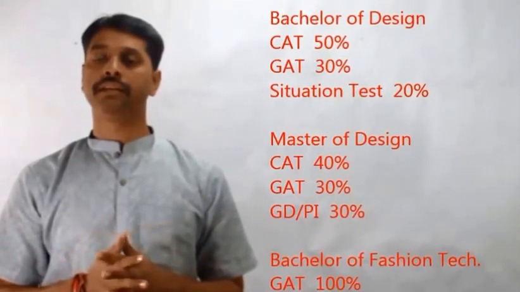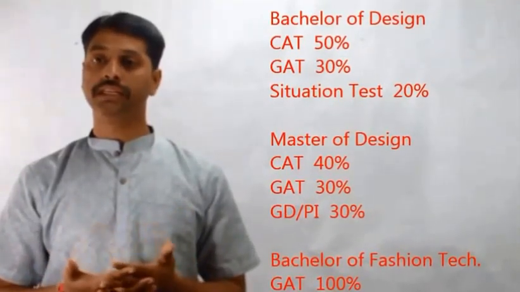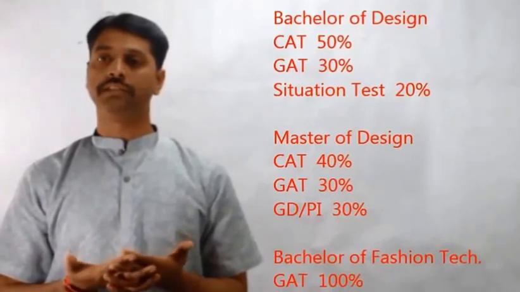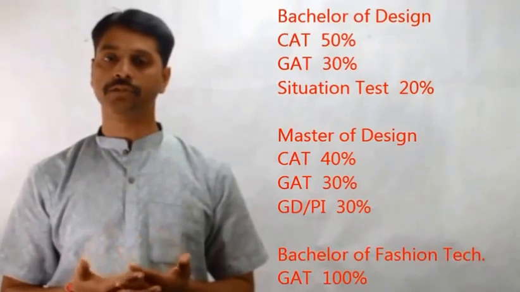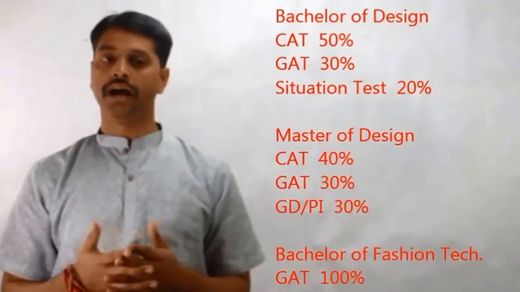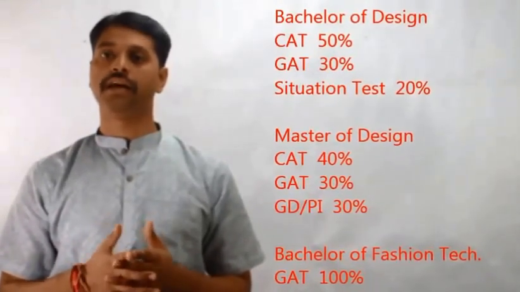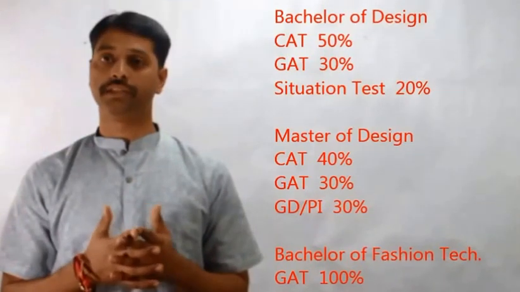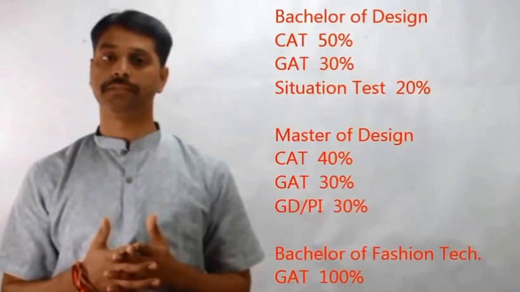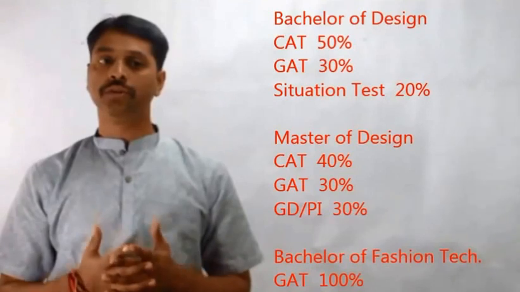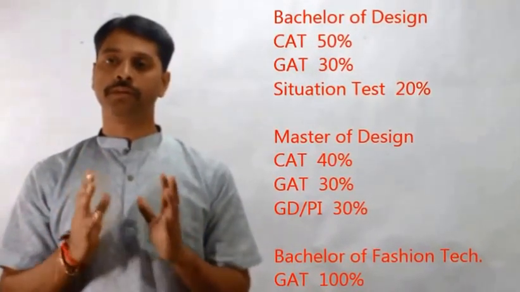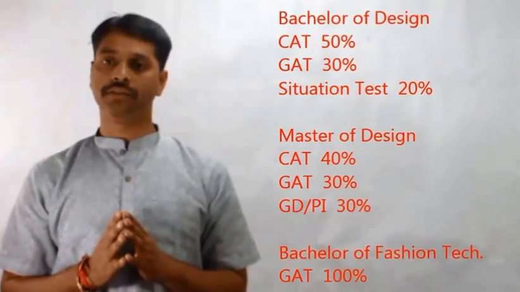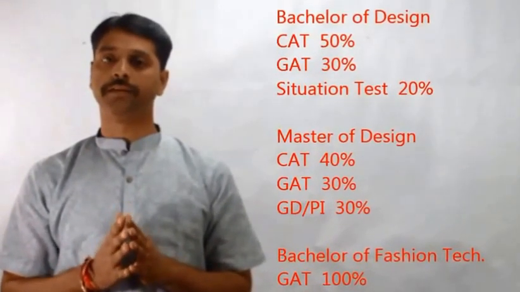For BFTech there is no CAT, Creative Aptitude Test, and there is no PI. And for MFTech and for MFM, Master in Fashion Management, there is no CAT. It may confuse you, but think logically, you will understand what I'm trying to explain.